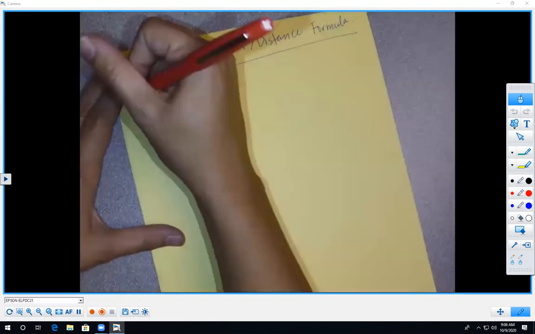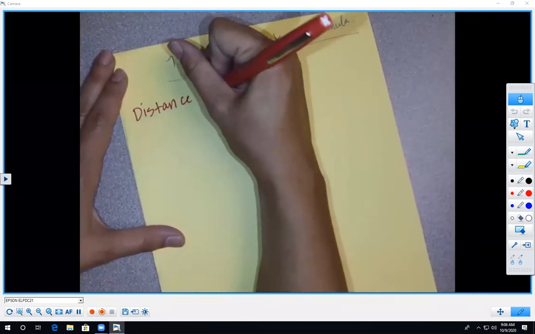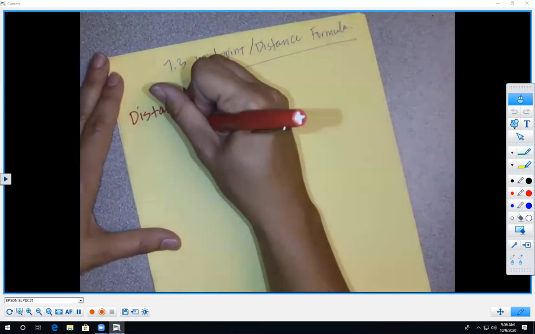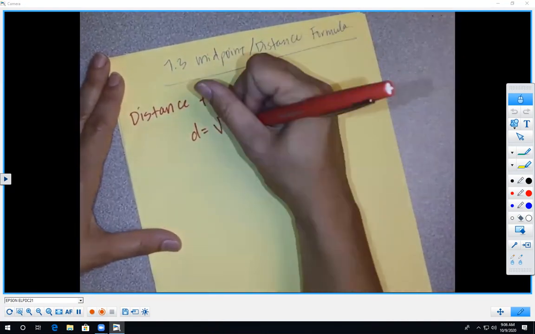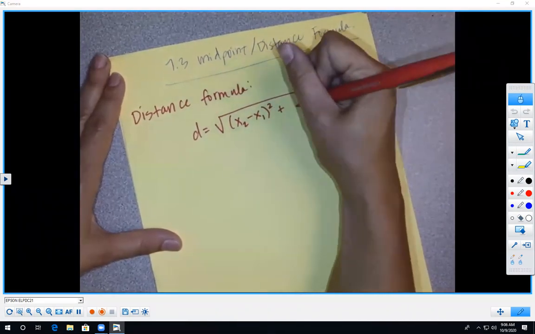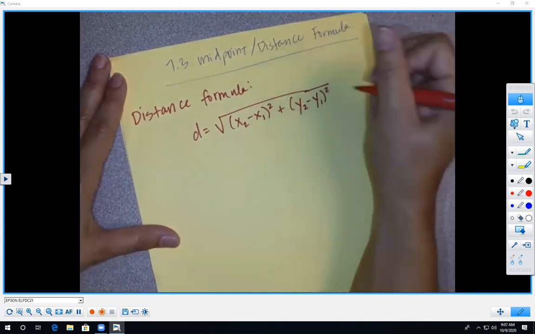The distance formula is: the distance is the square root of (x2 minus x1) squared plus (y2 minus y1) squared.